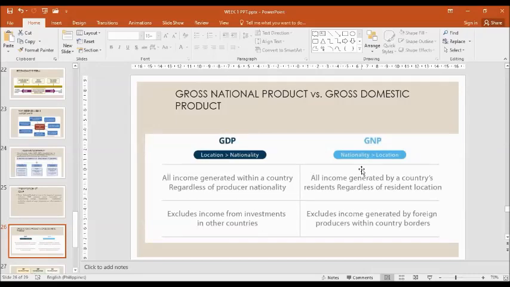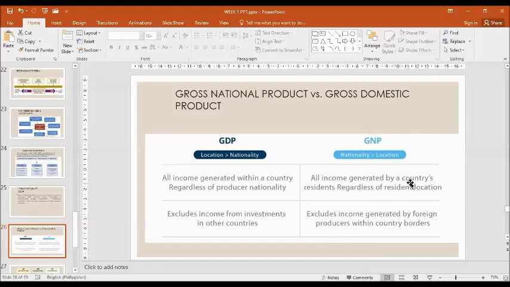While the GNP, or gross national product, speaks about nationality: all income generated by a country's residents regardless of their location. So if a company has a business here and also has businesses in other countries, it is included in the GNP.